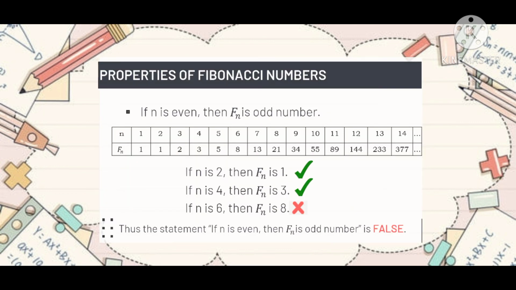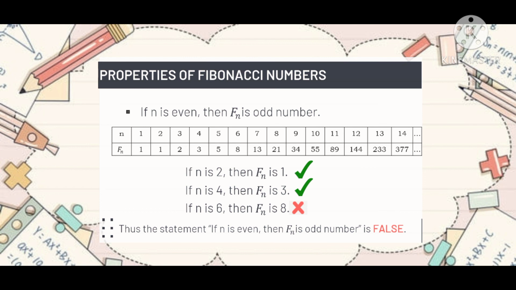Next, if n is even, then f sub n is odd number. So, titingnan natin kung tama ba yung statement na kung yung n natin is even at kung yung hinihinging statement sa f sub n is odd number. If n is 2, then f sub n is 1. So, kung i-check natin sa ating table, yung ating 2 and yung kanyang f sub n is 1. So, which is correct.